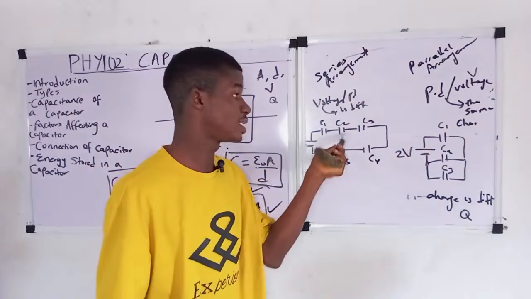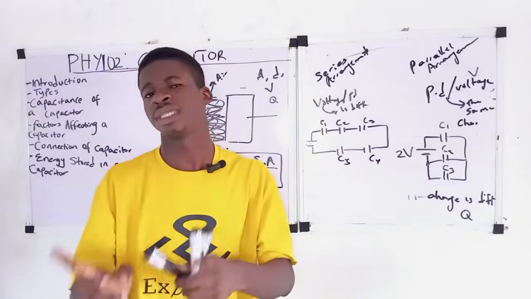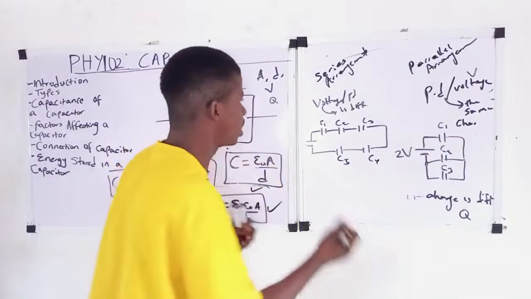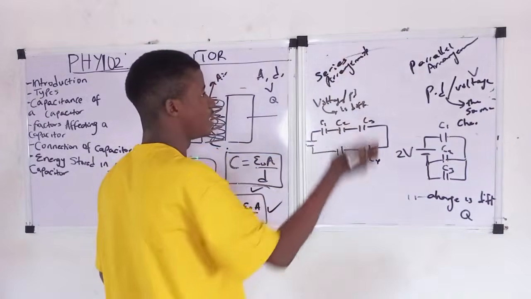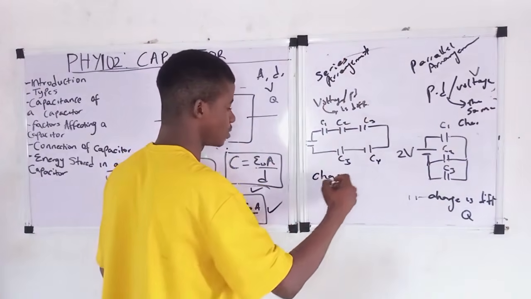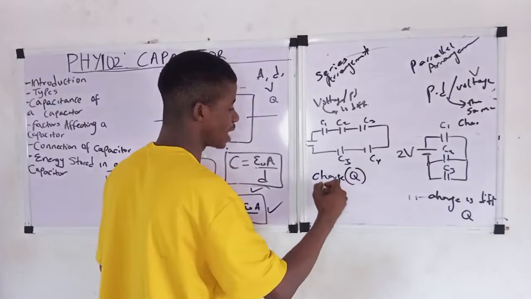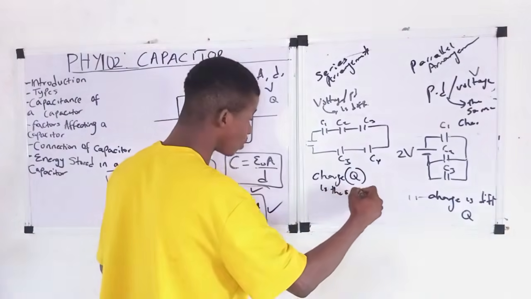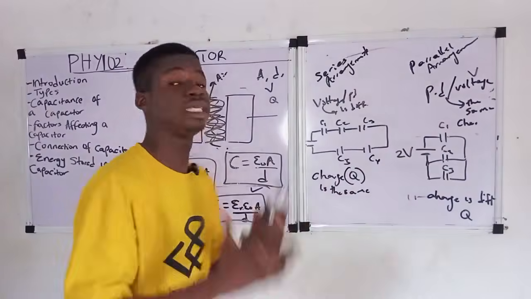The voltage in each of them is different, but the charge is the same. We know that charge is Q, right? The charge stored by the capacitors is the same.